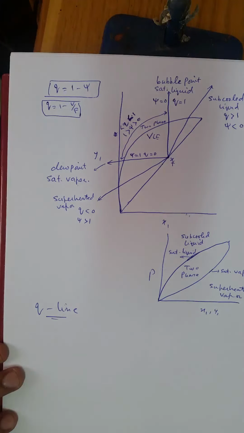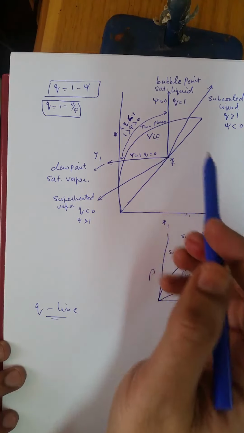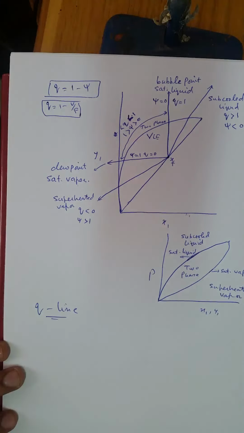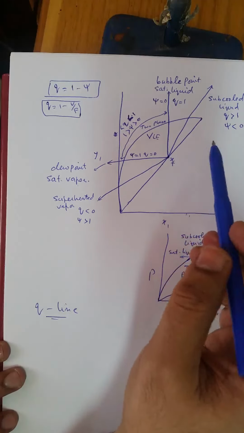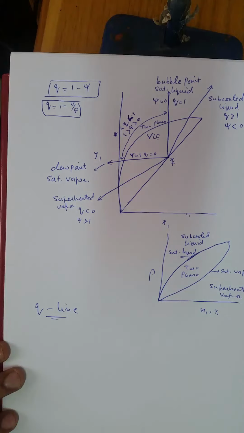In order to draw this line, if it is given in a problem that the feed is at bubble point, you just need to draw a vertical line. But if Q is 0, you just need to draw a horizontal line. But for the rest you have to calculate.